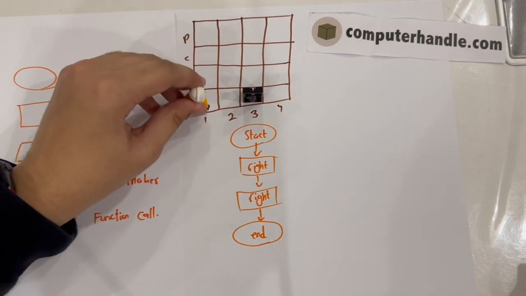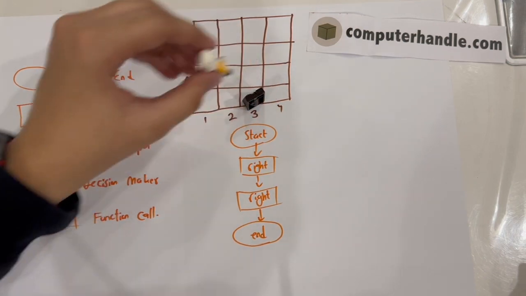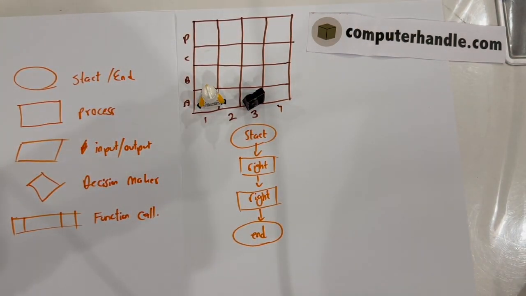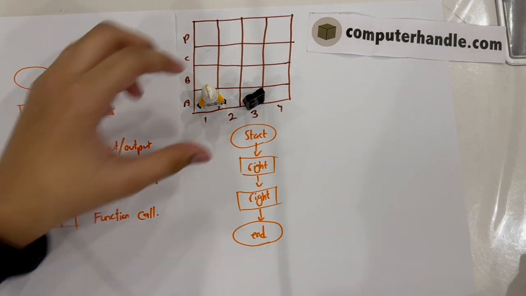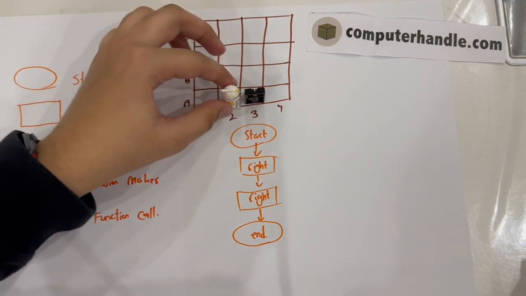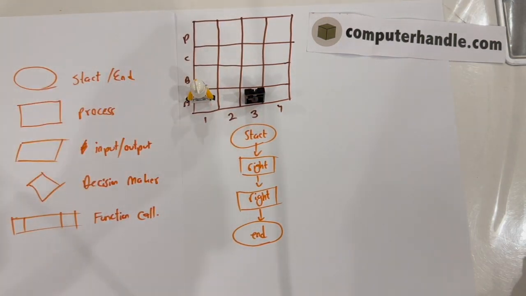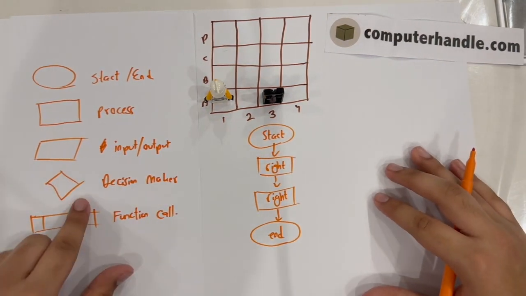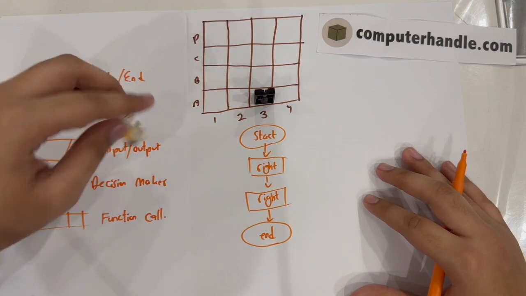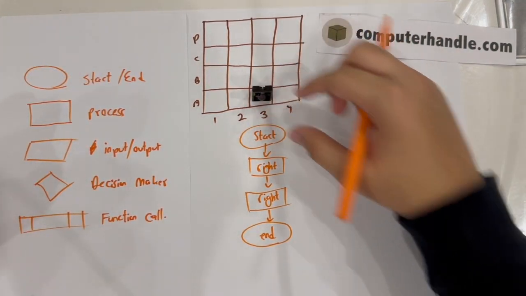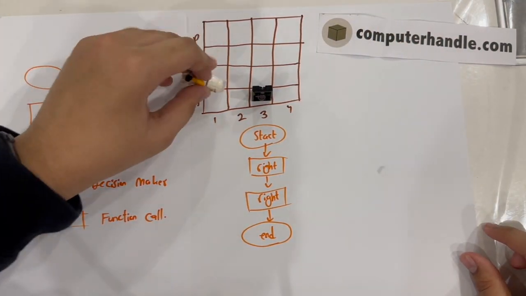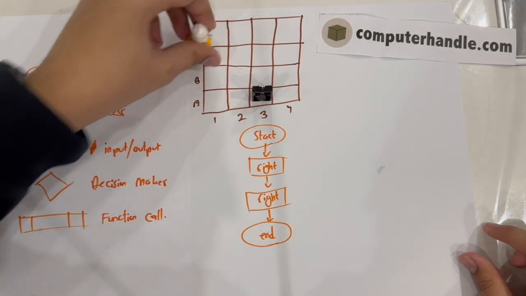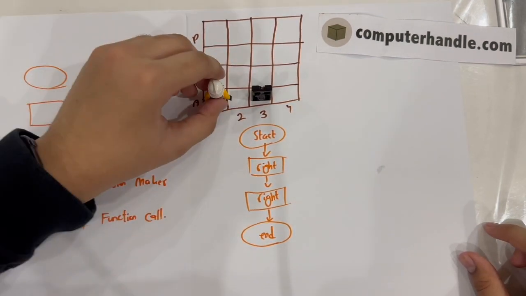How will it know whether it's forward or in this way? It will know whether to turn right or go forward. How will it know? So here we will create a decision maker program. The minifigure will, depending on the location, decide which path to take, whether it will be the upward or the right one.